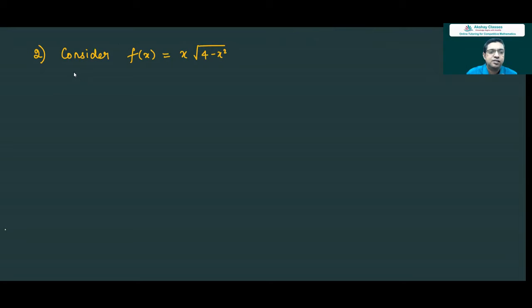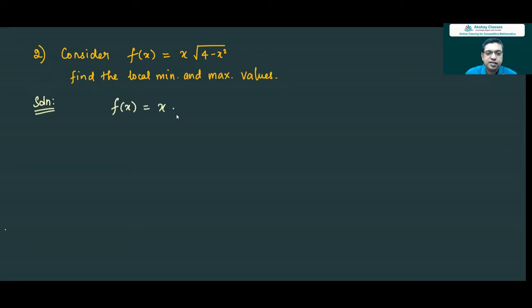Now, find the local minimum and maximum value of this function. So now this is not a straightforward polynomial. It is an irrational algebraic equation. So f of x is this, x under root of 4 minus x squared.